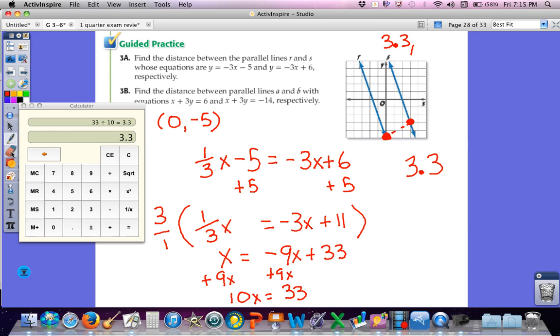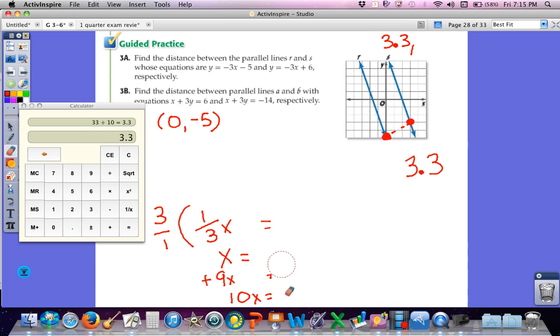So I had two equations here. I had y equals 1/3 x minus 5 and y equals -3x plus 6.